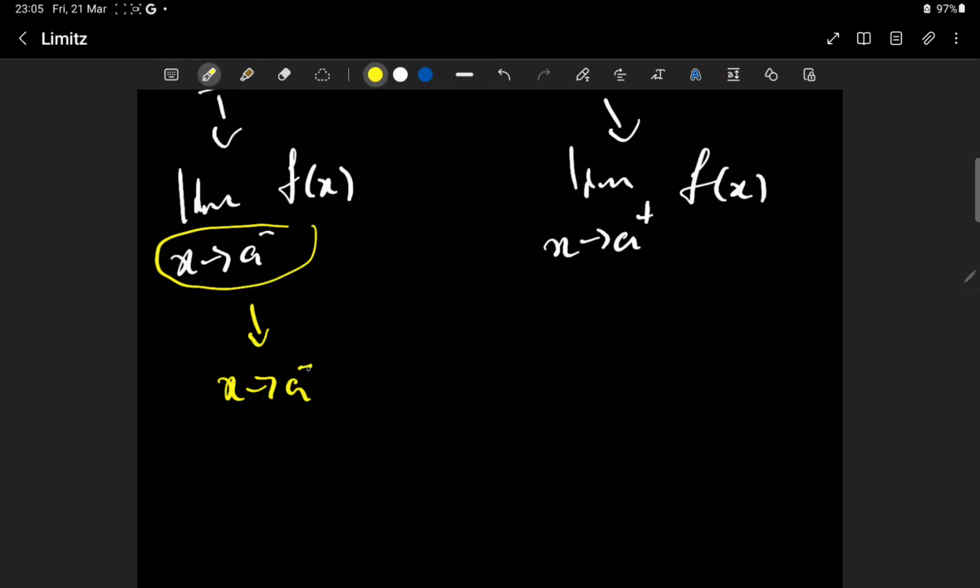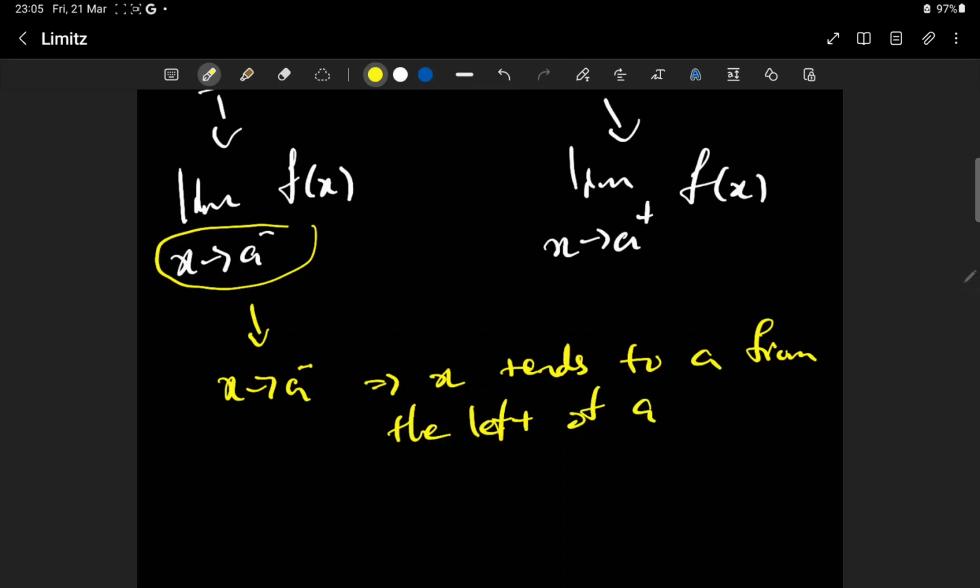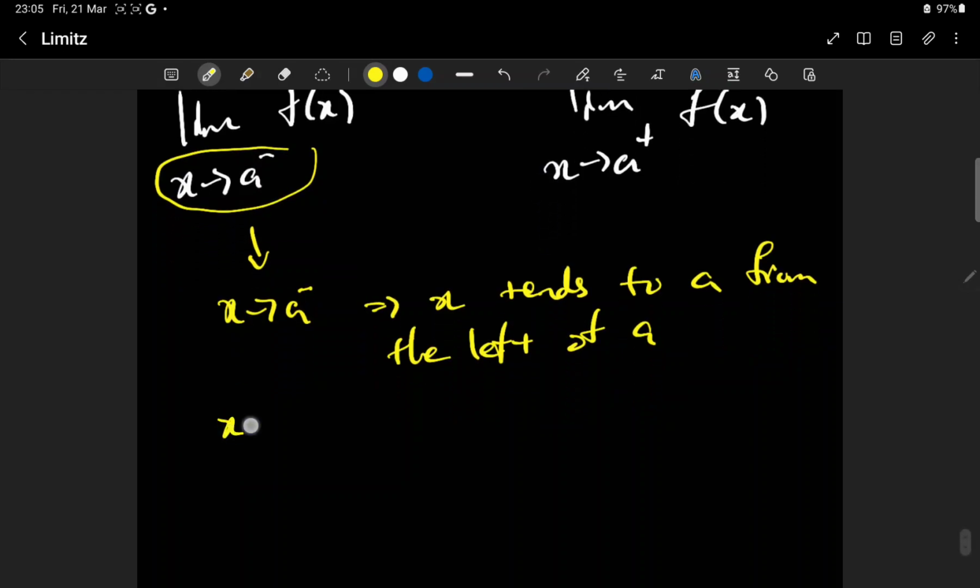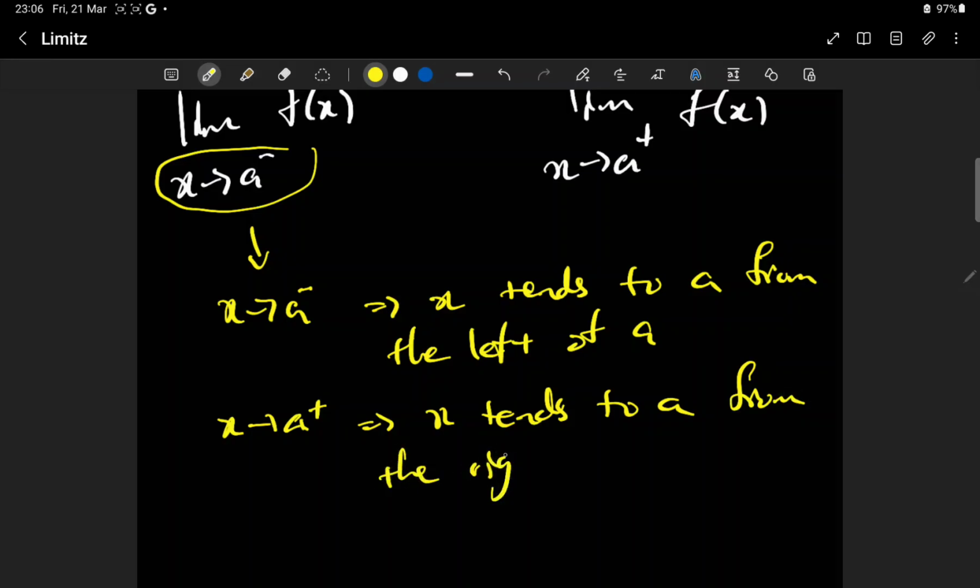Okay, so the minus means that x tends to a from the left, from the left of a, and x tends to a with a plus means that x tends to a from the right of a.